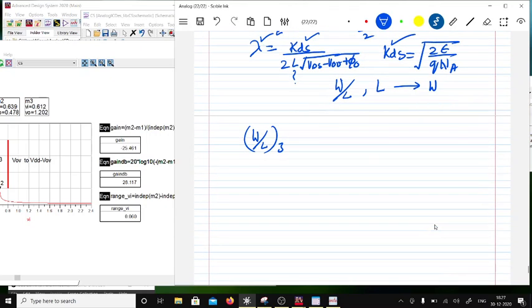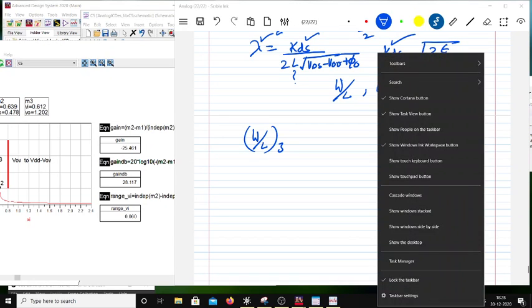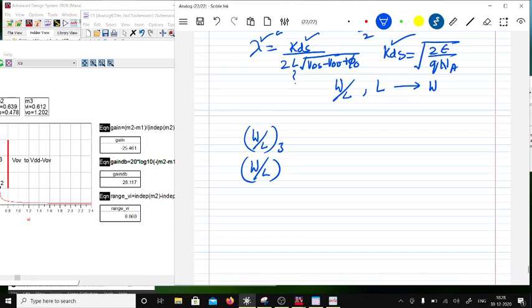Now, you want to keep the bias point. So what's going to happen is, this is for 3. So W by L for 2 would be almost, so what is that?